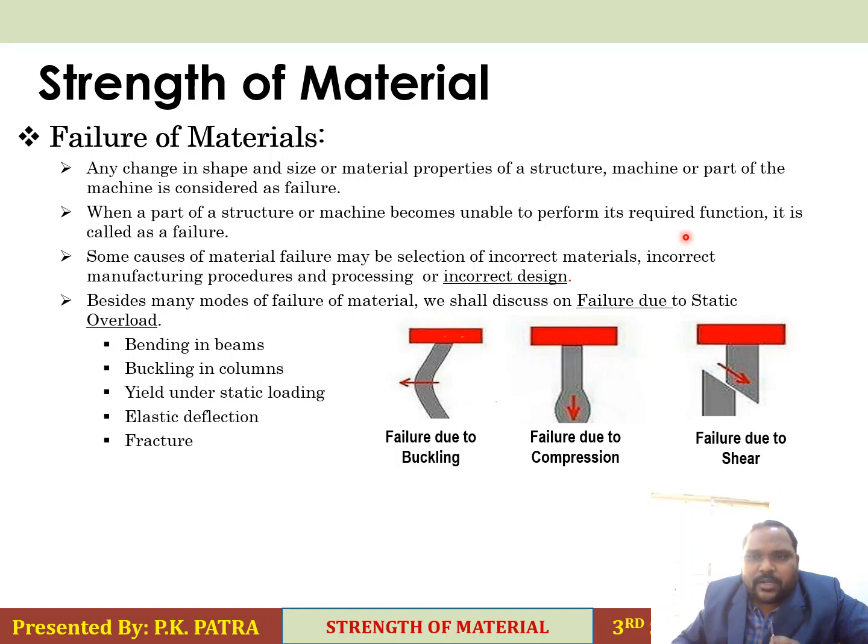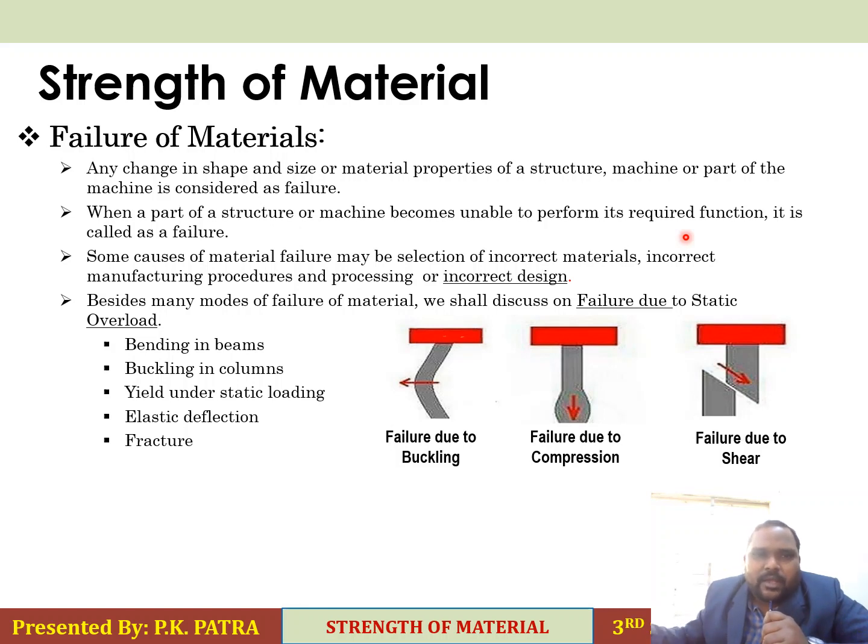So defect means what? Defect means there is some defect in the manufacturing side, in the design side. Maybe there is some defect in the material side. If the material quality is not good, then there will be failure. If the material is not having adequate strength, the material having very low properties that are not desirable, then failure will occur.